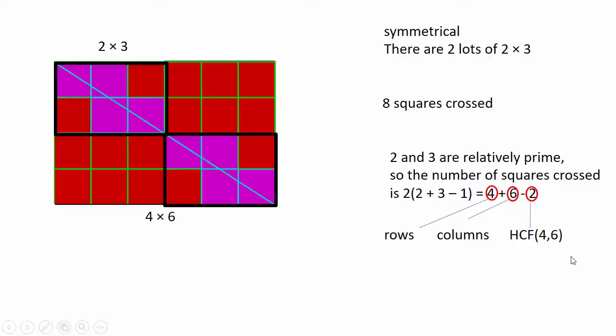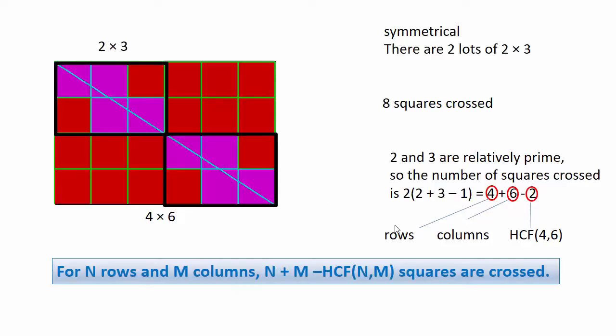It is 2. And that is not a coincidence. So what we can deduce is that, in general, if we have a rectangle consisting of n rows and m columns, then the total number of squares crossed is n plus m, the number of rows plus the number of columns, minus the highest common factor.